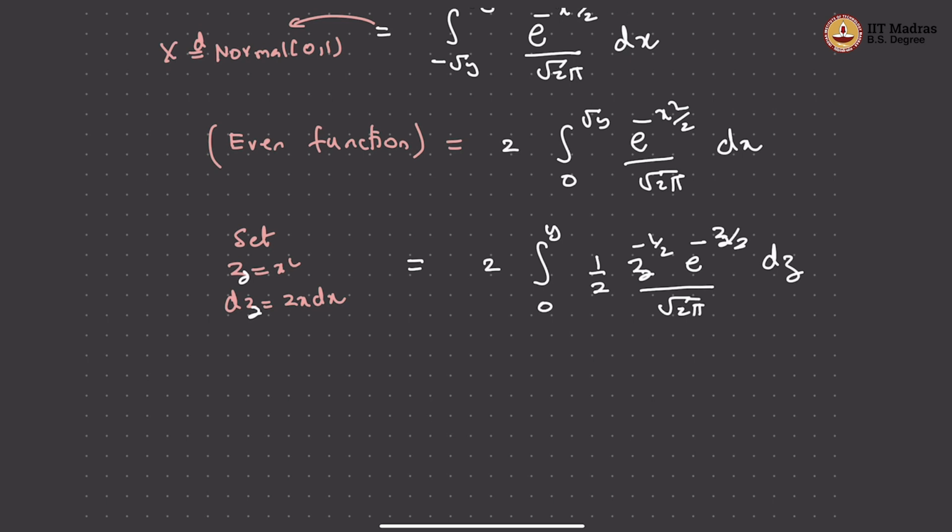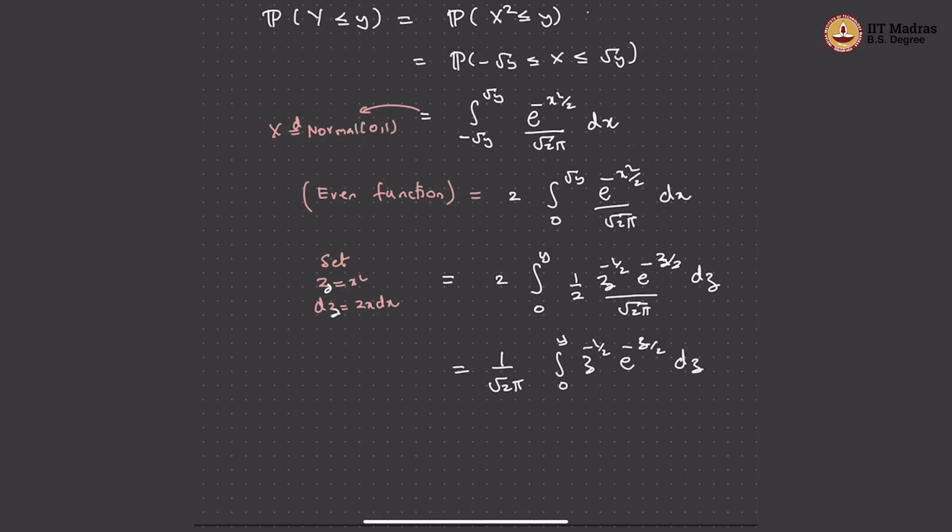Very good. So the half cancels off, so I get 1 over root 2 pi, integral from 0 to y of z to the minus half e to the minus z by 2 dz. So this is what the probability that Y is less than or equal to y is going to look like when y is non-negative. So that's equation 2.